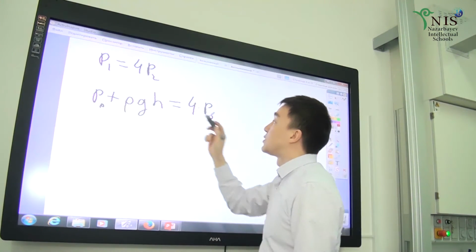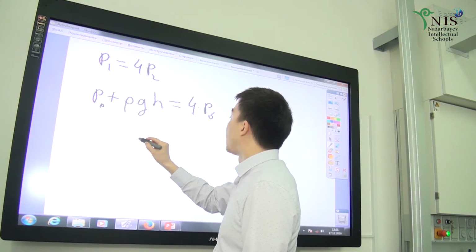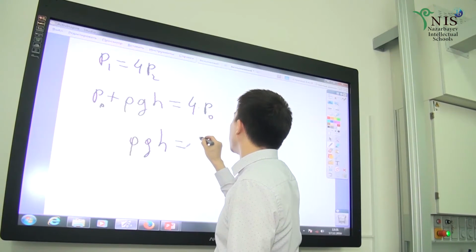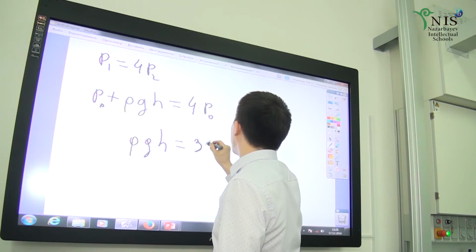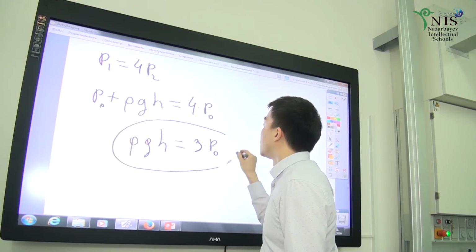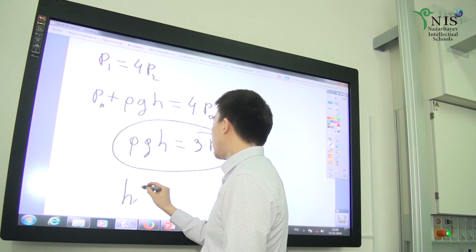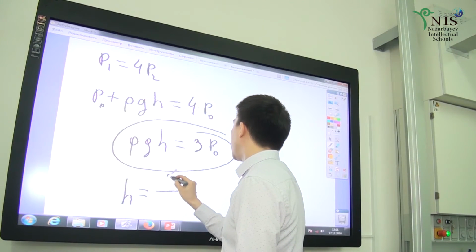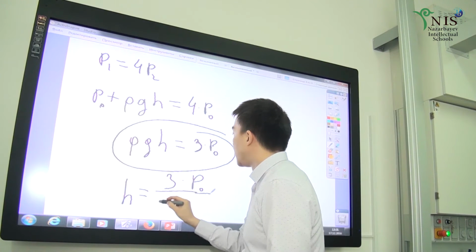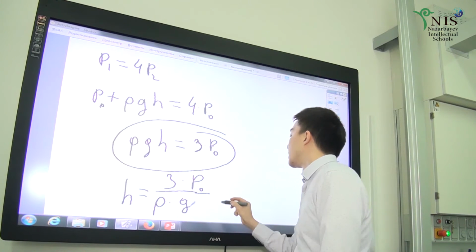So in this case, we can subtract atmospheric pressure, and as a result we will have rho g h equal to 3 multiplied by atmospheric pressure. So from this equation, we can find the height of the lake. The height is equal to 3 multiplied by atmospheric pressure divided by the density of the lake and gravitational field strength.